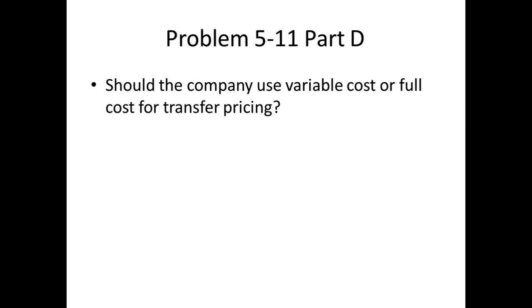Now, the question is, should the company use variable cost or full cost for transfer pricing? Conventional wisdom argues that variable cost transfer pricing yields the firm profit maximizing solution. Now, this is certainly the case as long as variable cost is reasonably easily observed and not subject to gaming.